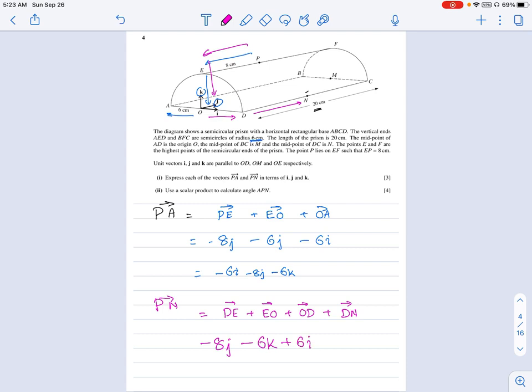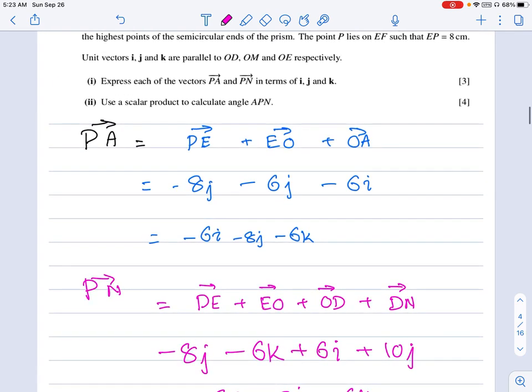D to N is again going in the direction of J, but it is half of 20, because D to C is 20 and N is the midpoint, so 10J. When I simplify, it becomes 6I plus 2J minus 6K. So that is PN.